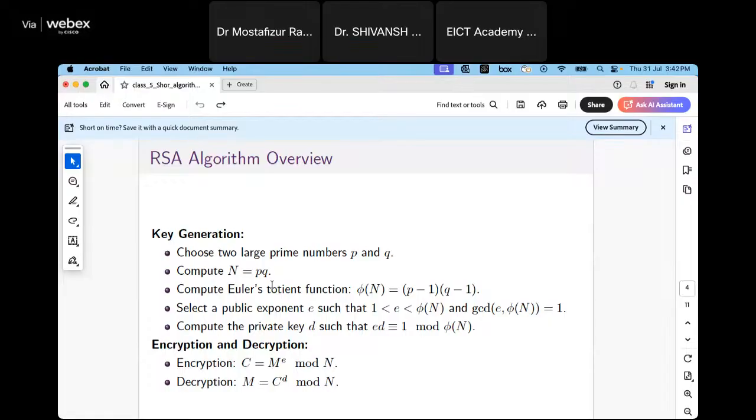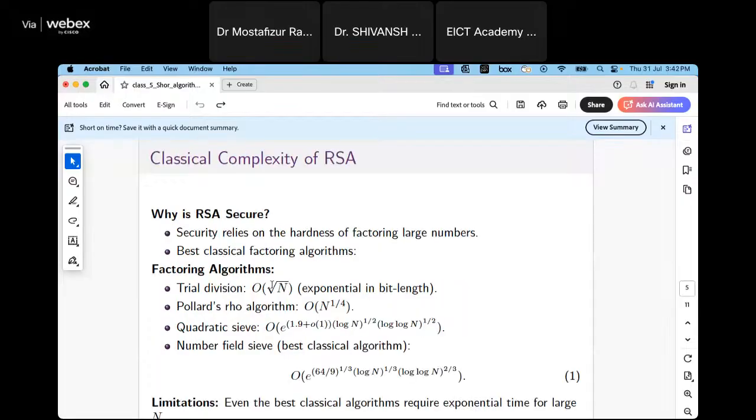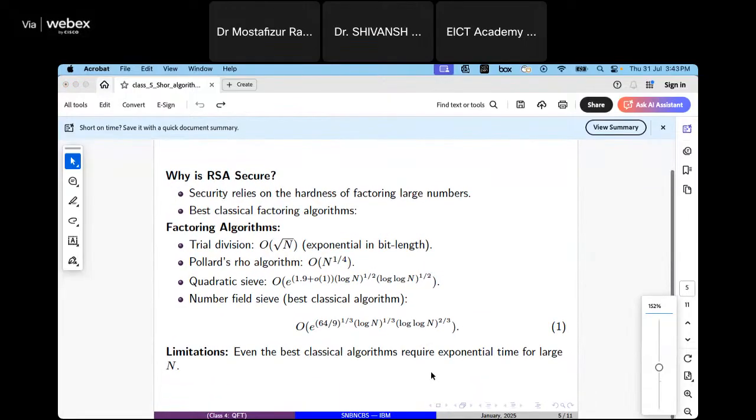I'm not going into detail, but classically it's exponential, of this particular order: e to the power of some constant times (log n) to the power half. Even using the best classical factoring algorithm, the quadratic sieve or the number field sieve, with (log n) to the one third and (log n log log n) to the two thirds, it is very difficult if your key n is very large.